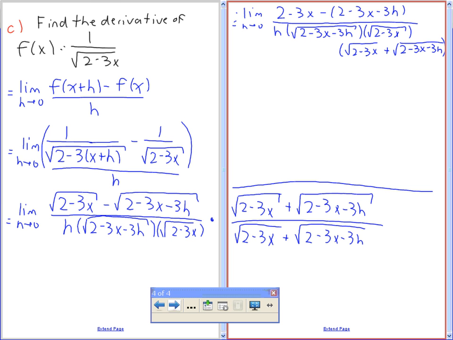Now this works out beautifully. I know you don't believe me, but it does actually work out beautifully. I'm going to go to the next screen. You guys got the bottom line?